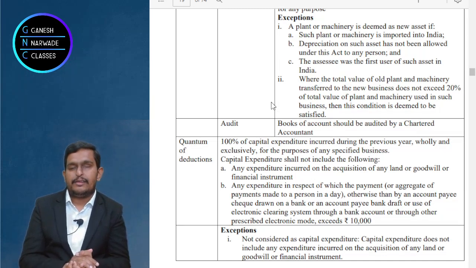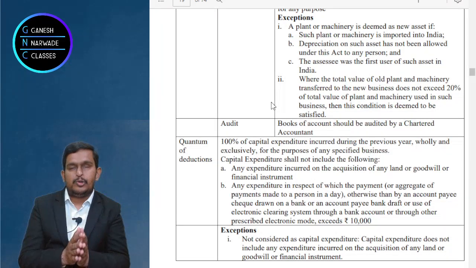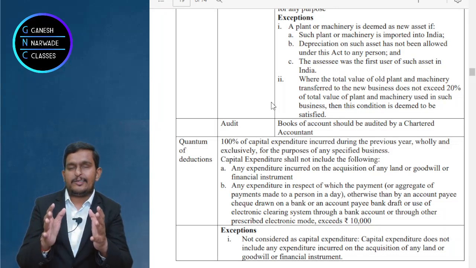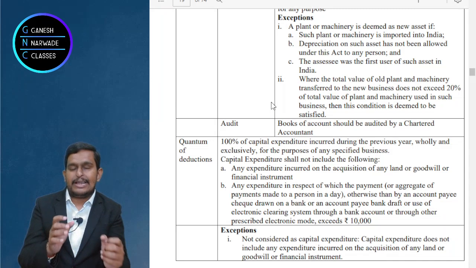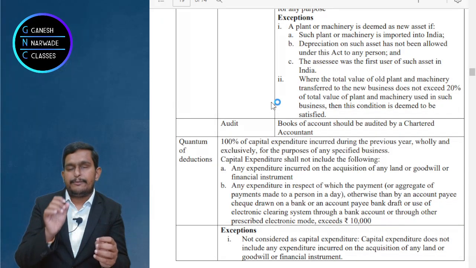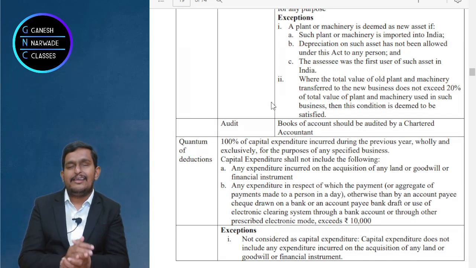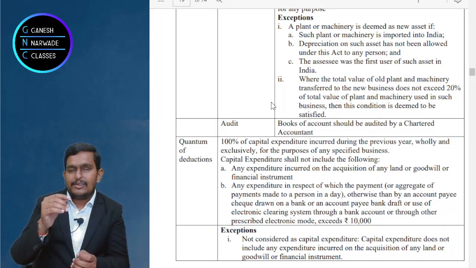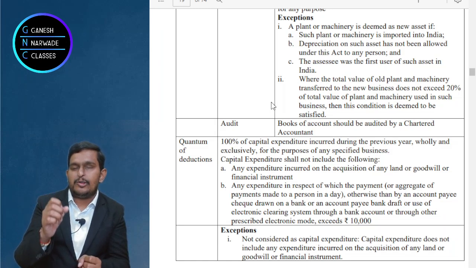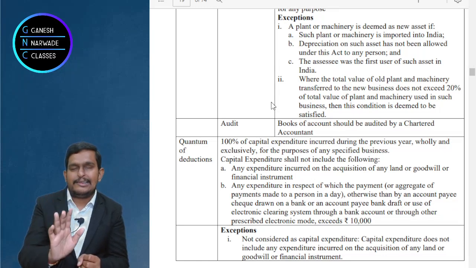Come to the next thing. Understand this properly. Suppose you have capital expenditure of 100 crores for purchase of plant and machinery. Out of that, if 20% is second hand, still it is okay. That means whatever you brought from a foreign country on which you did not claim any depreciation before, and you are using it for the first time after bringing to India, then you can get deduction.